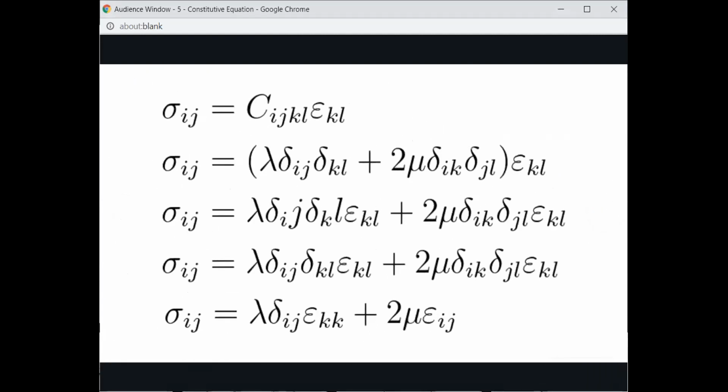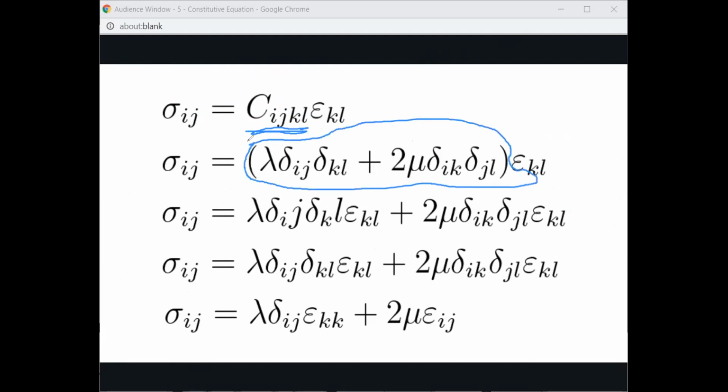So here, what happens? So we have this relationship, right? Now we plug in the form that we are proposing for the elasticity tensor. So this elasticity tensor is just this one. Okay? So we just plug it in and we multiply.